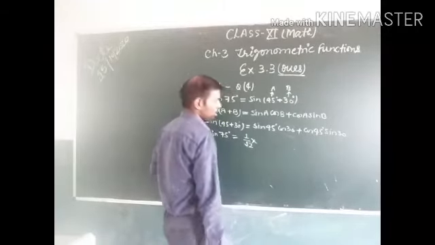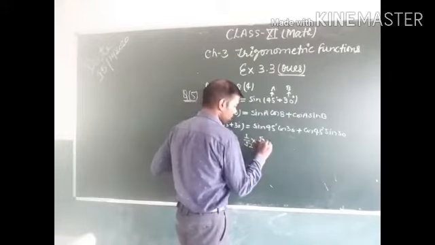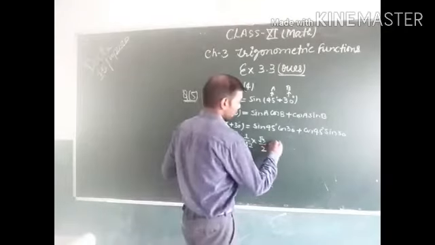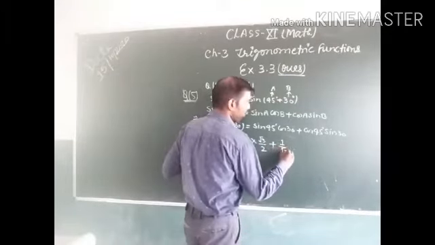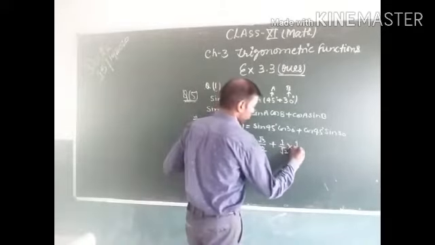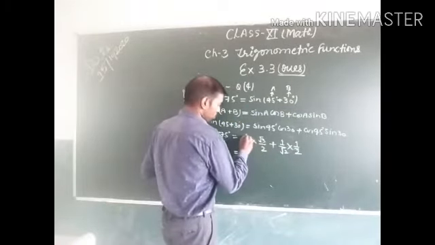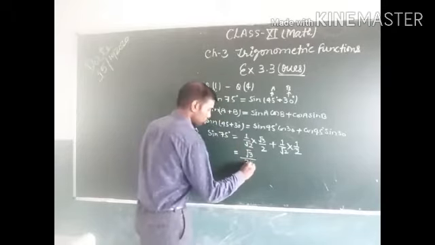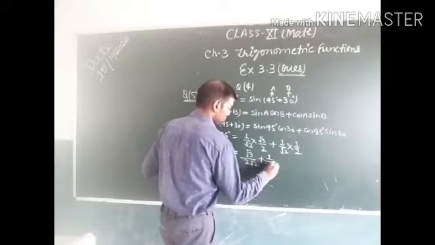The value of cos 30 is equal to root 3 by 2. Now plus cos 45, which is 1 upon root 2, into sin 30, which is 1 upon 2. Solve this. Root 3 into 1, this is root 3 upon 2 root 2. Plus 1 upon 2 root 2.